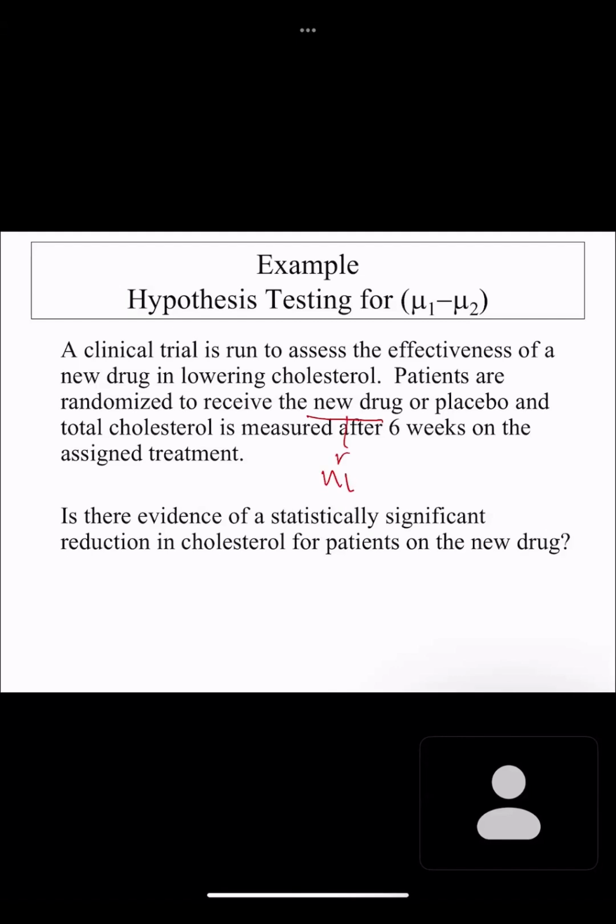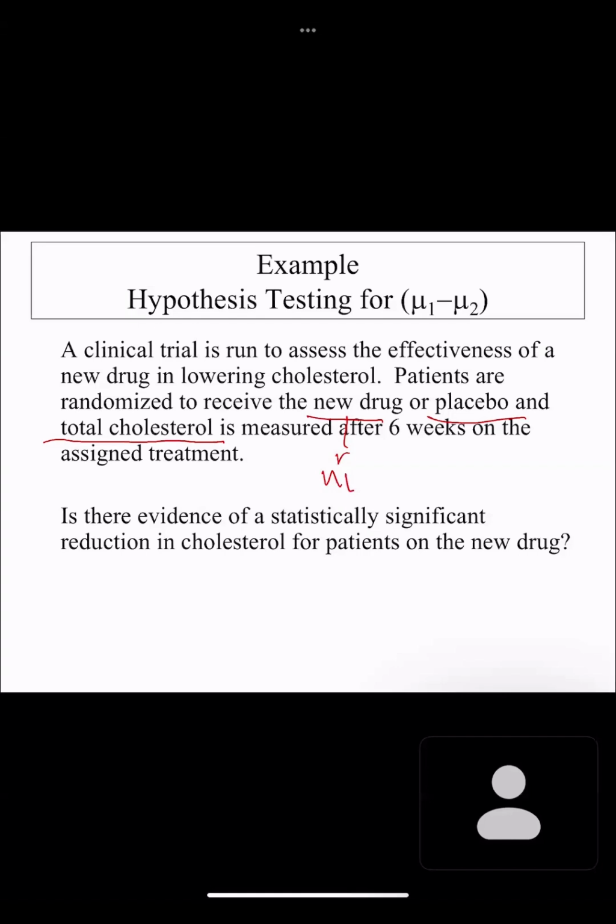And another group gets the placebo, or maybe the old drug or the regular type of drug. On both groups, we measure total cholesterol, not only HDL and LDL, total cholesterol. So the question is, do we have enough evidence that the new drug actually has significantly reduced cholesterol compared to the placebo or the old drug?